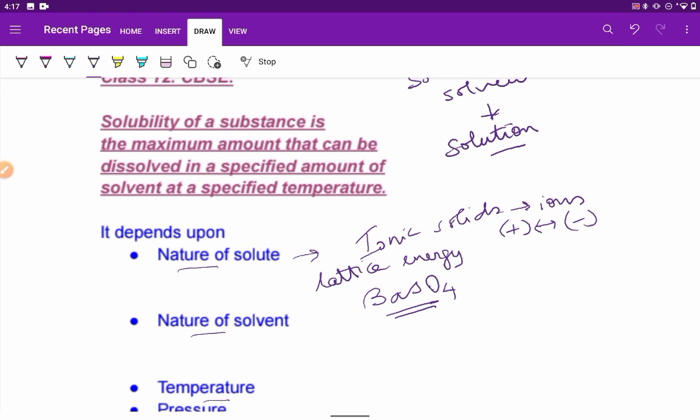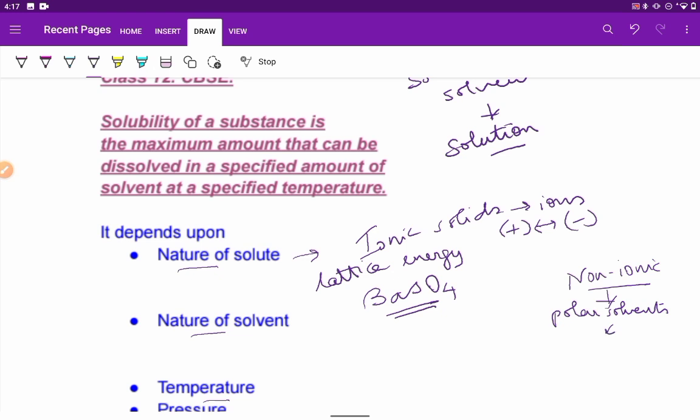Okay, and many non-ionic substances dissolve in polar solvents. So if non-ionic substances are there, they will dissolve in polar solvents. But here what comes into picture is the hydrogen bonding.